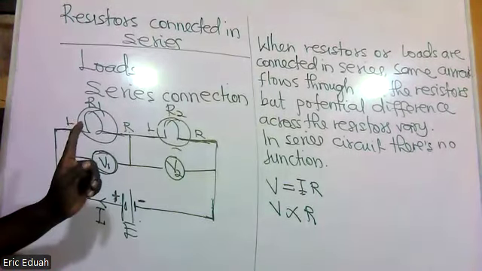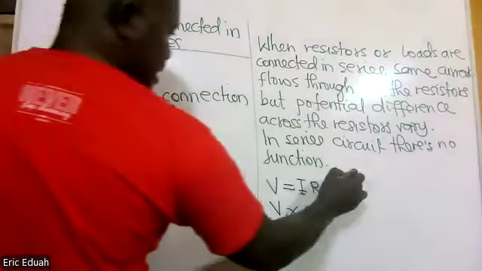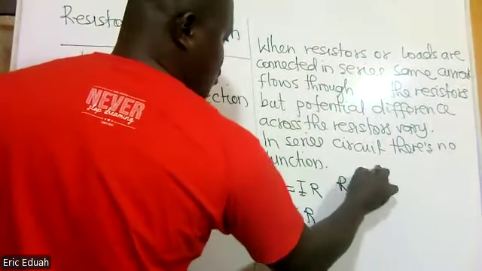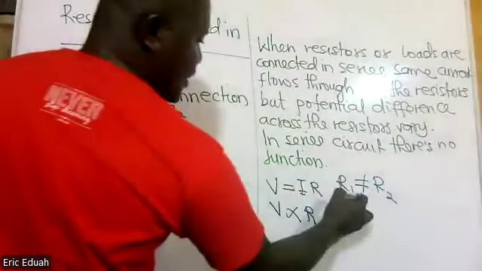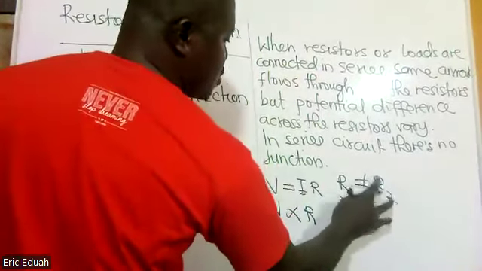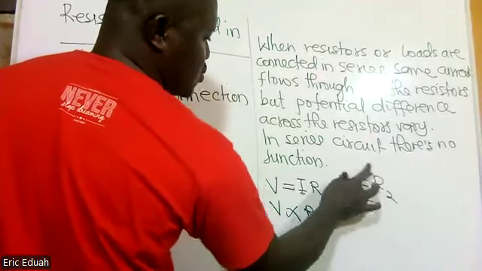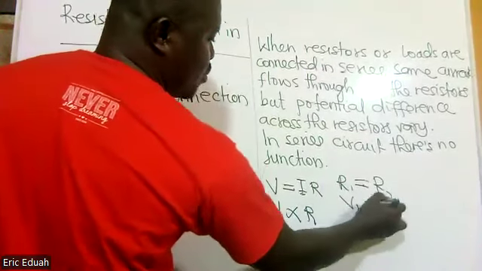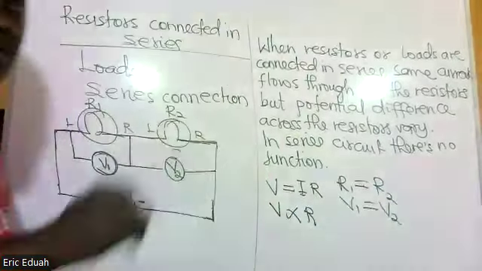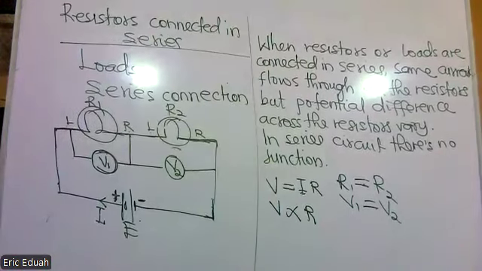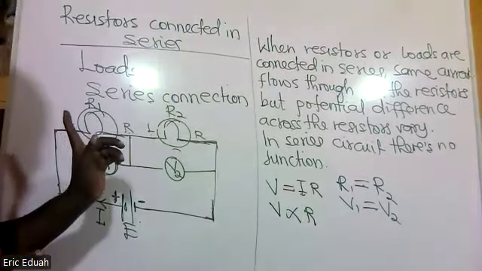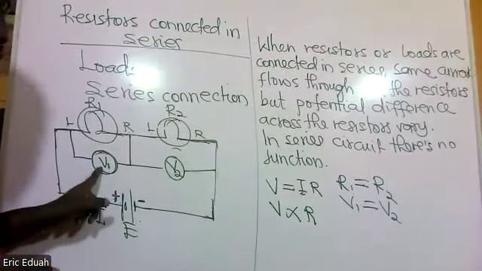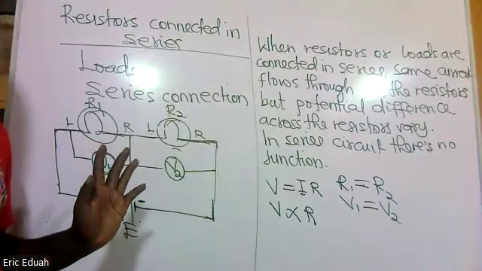But if R1 is equal to R2, then V1 would also be equal to V2. In this case, both I and R are constant. They don't vary, and so V1 and V2 would also be the same.